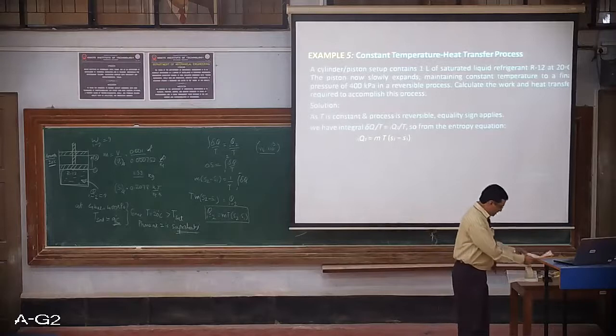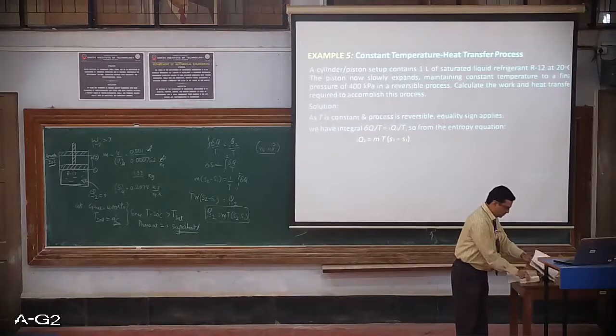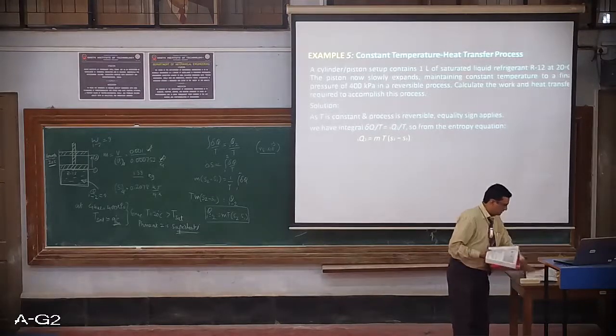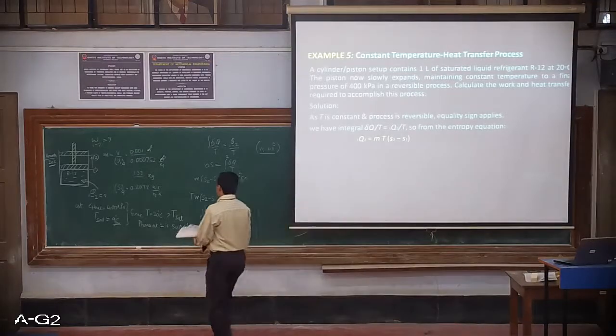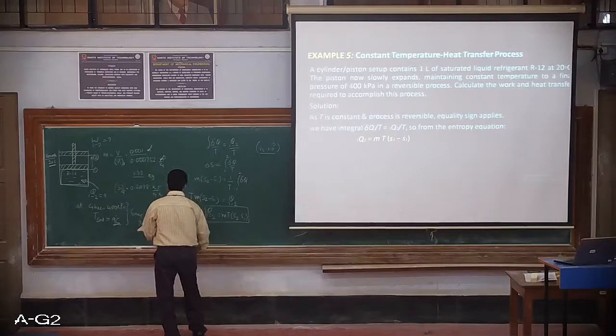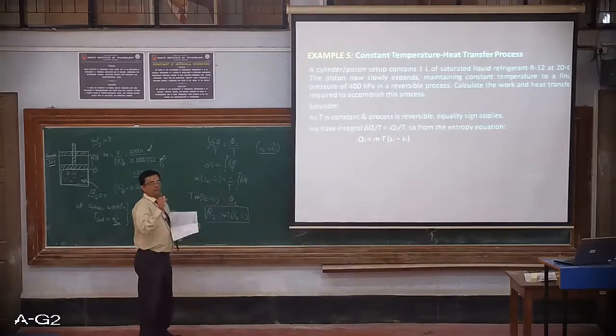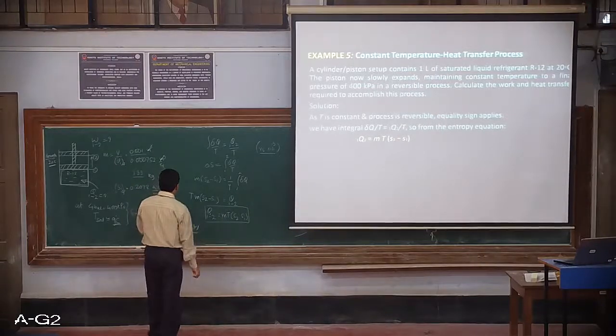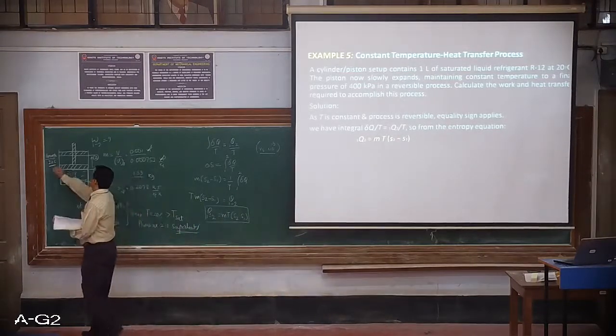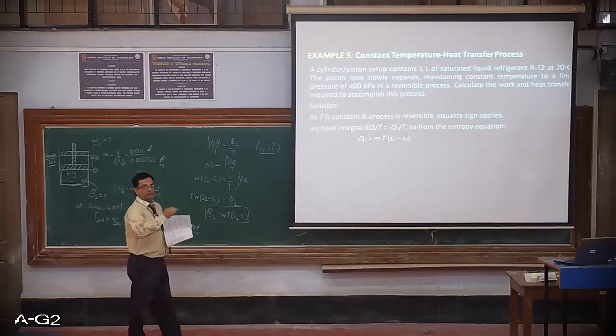So the interpolated value, that is S2, I'll give you here; take it down. Once we know that the phase is superheated, go to the superheated table, at 400 kilopascal or 4 bar and a temperature of 20 degrees Celsius. Both we need to look at.